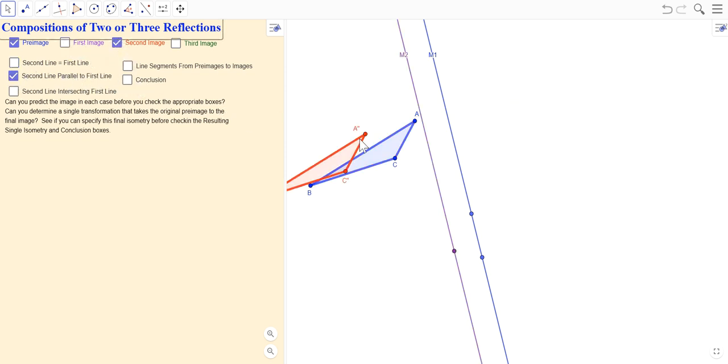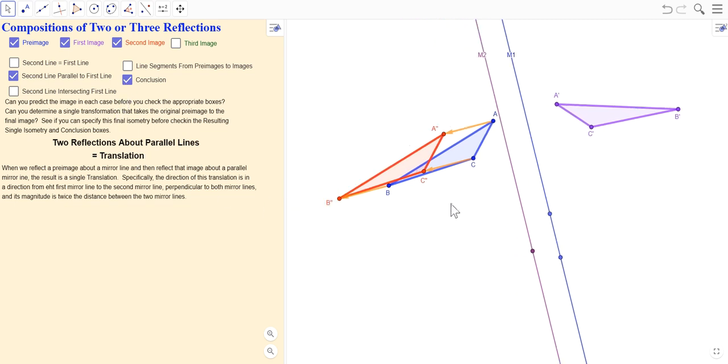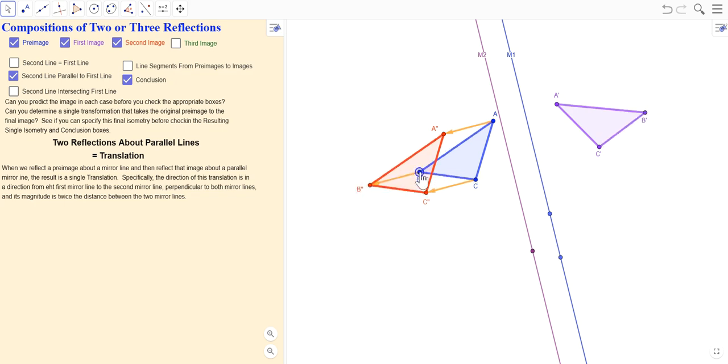When it was a parallel line, we would get the first image over here, and then the second image is over here. It turns out that that one turns out to be a translation, as you can see there.